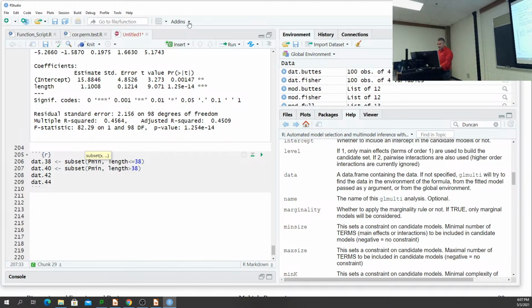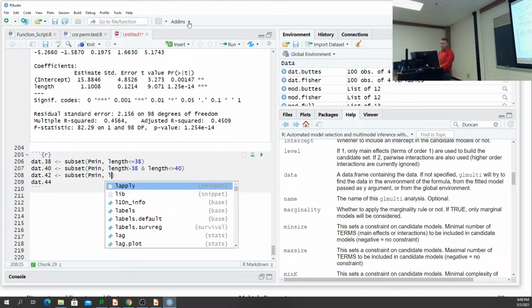So it's got to be greater than 38, but it also has to be less than or equal to 40, so I want to make sure that I'm using the and for that. Again, it's just dividing up the bins.